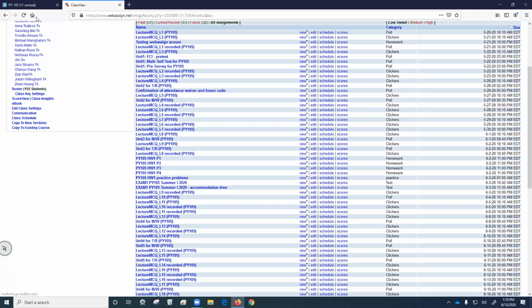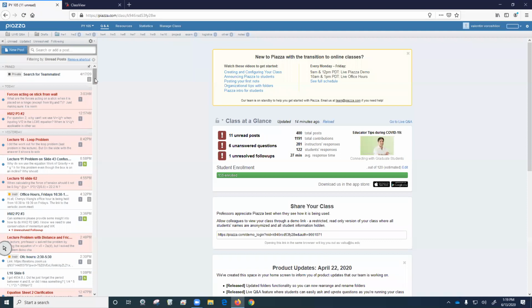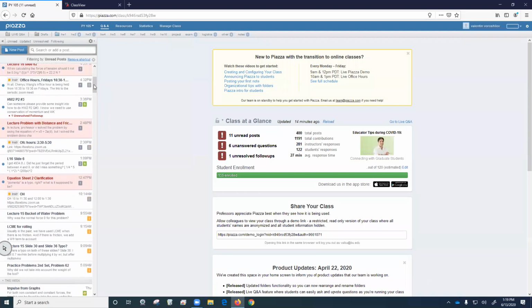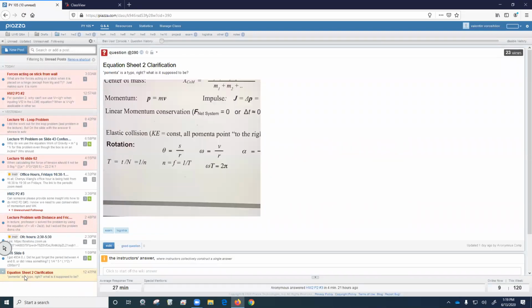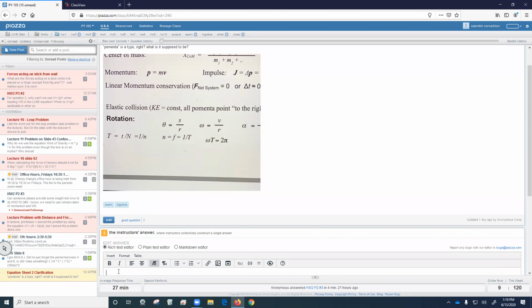All right, I'm going to check on Piazza. What's happening there? Equation sheet number 2. Momenta means momenta. That's a typo. I will fix it.